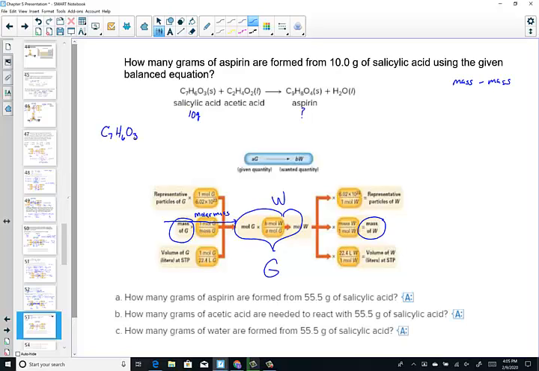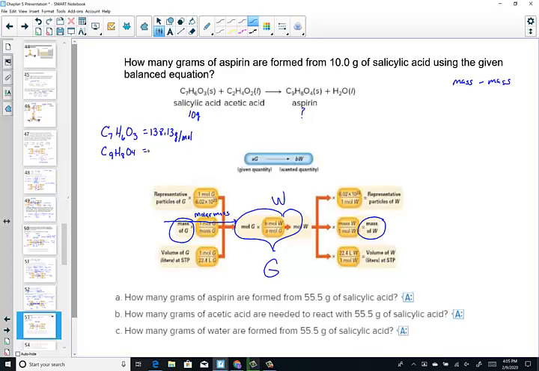Carbon 12.01 times 7 plus 1.01 times 6 for the hydrogen plus 16 times 3 for the oxygen, so that's 138.13 grams. We're going to need a molar mass of aspirin as well, C9H8O4.